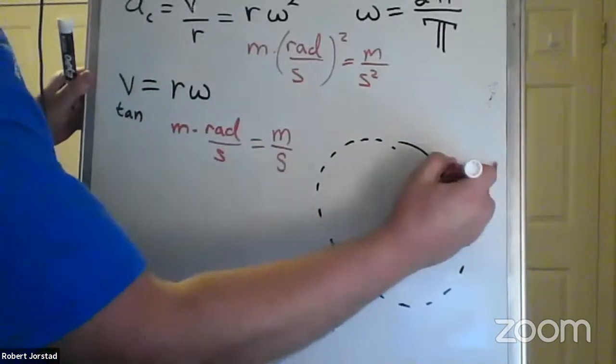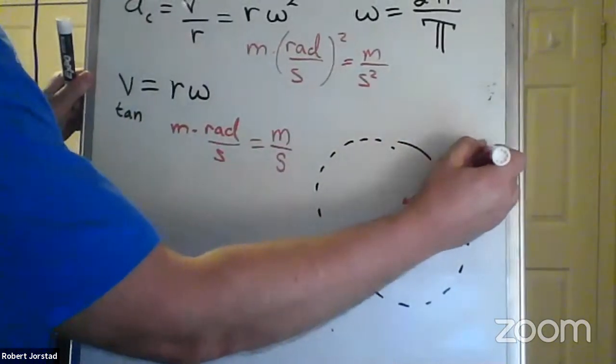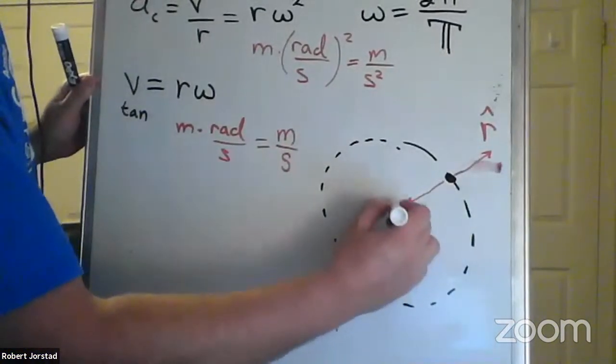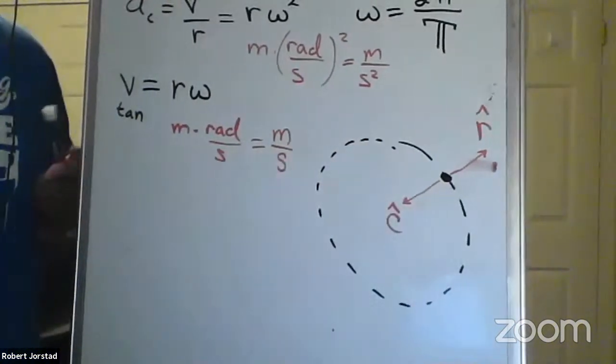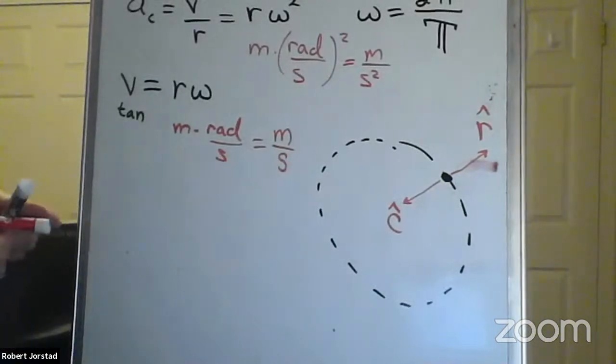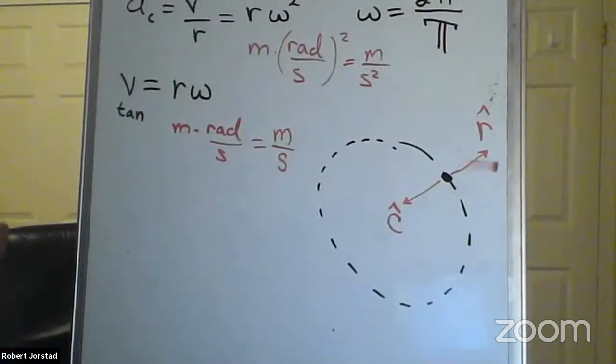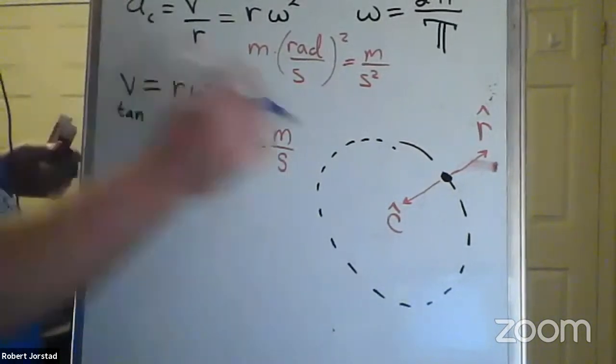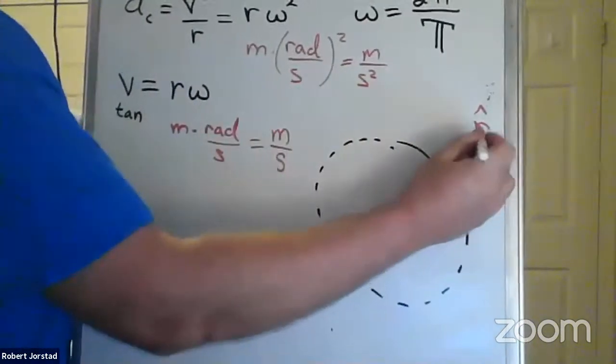That points towards the center, so that points away from the center. R hat is away from the center. You're going to see me use this today, centripetal hat. So that just means a direction pointing towards the center. It's a bit non-standard.